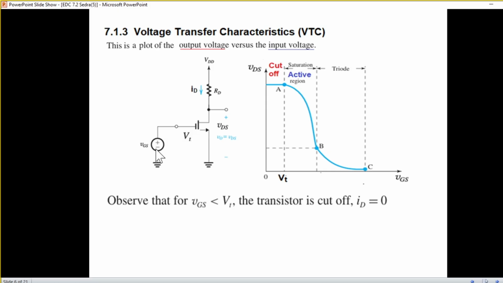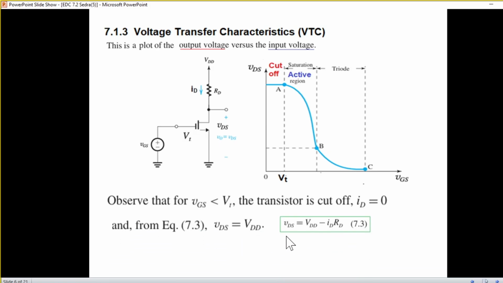And then when this voltage VGS goes beyond VT, the transistor will be in either the active region or the triode region, depending on where we stand. So observe that for VGS less than VT, the transistor is off and ID is 0. The current through this is 0.